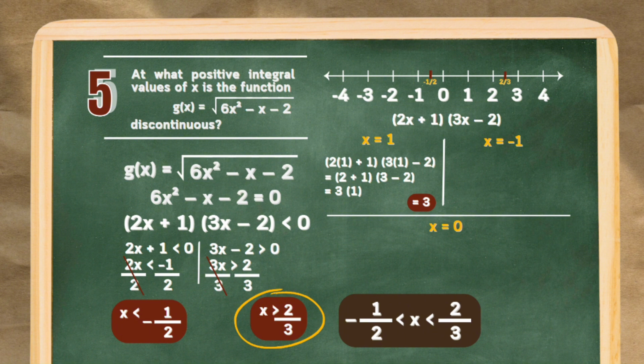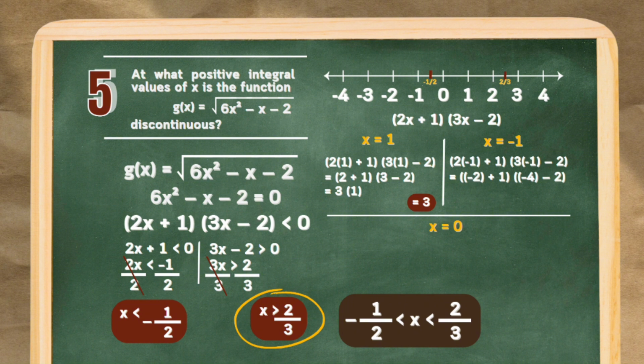For x equals negative 1 naman, isa-substitute naman natin yung negative 1 sa lahat ng x. So, 2 times negative 1 plus 1 times 3 times negative 1 minus 2. Ang magiging sagot sa 2 times negative 1 is negative 2, and i-bring down lang natin yung plus 1.